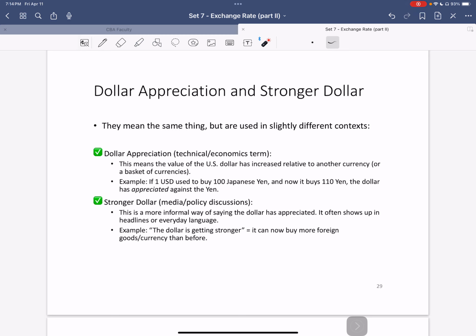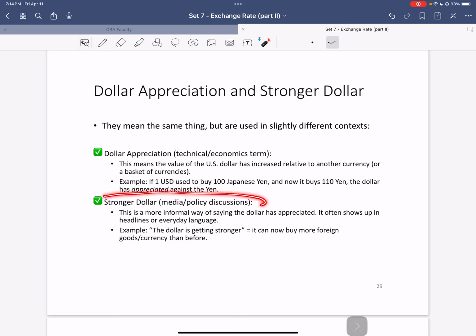For example, if one US dollar used to buy 100 Japanese yen and now it buys 110 yen, the dollar has appreciated against the yen. This is how we say it in technical form in our classroom when we are discussing, we're going to use this language.